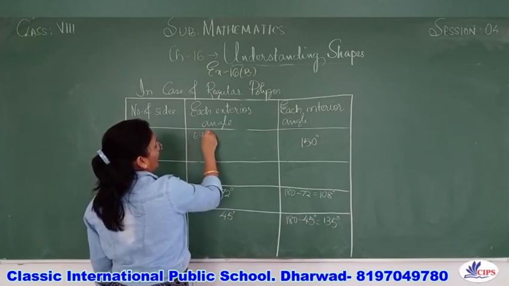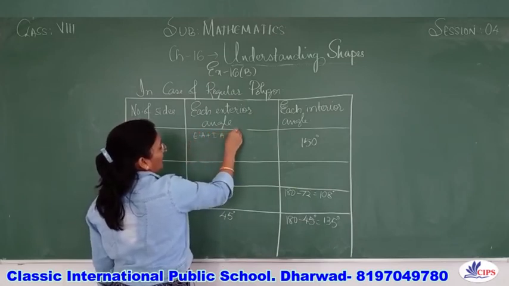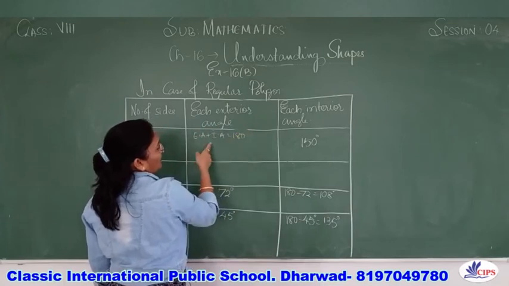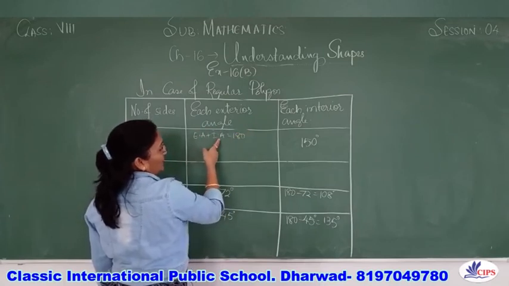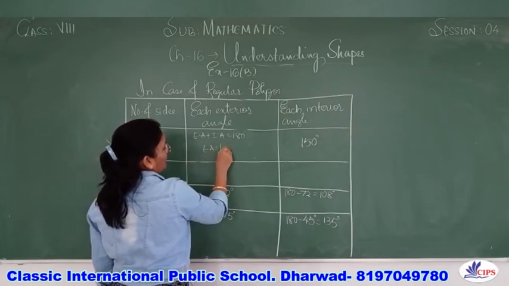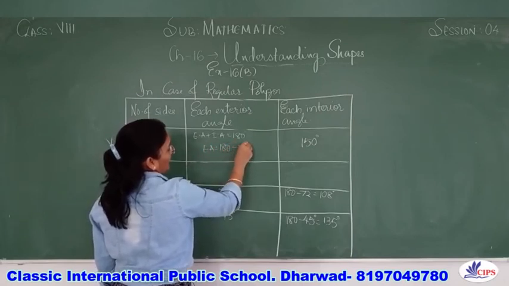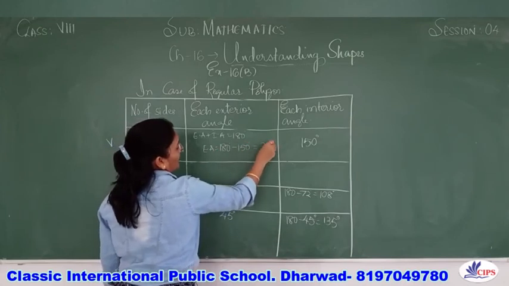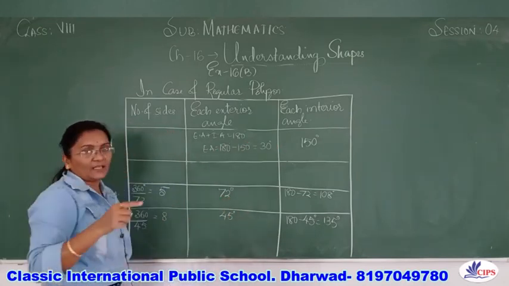Exterior angle plus interior angle equals 180 degrees. We want the exterior angle and you know the interior angle, so the exterior angle is equal to 180 minus 150. How much do you get? 30 degrees.